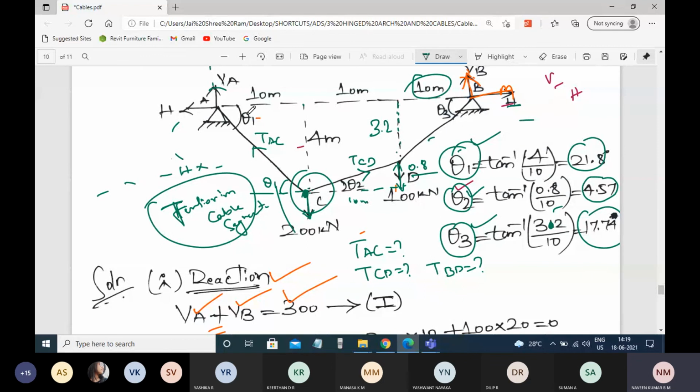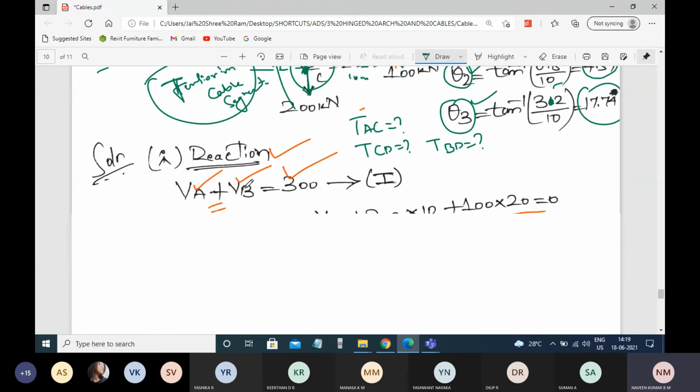Theta 1 is nothing but the angle between segment AC with respect to horizontal.